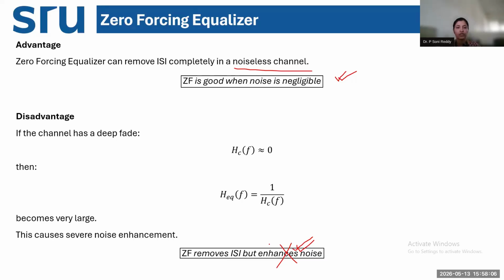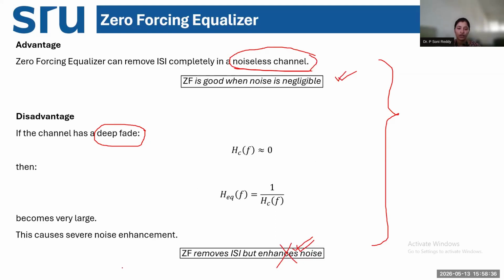Okay. So this is the main linear equalizer that is there in your syllabus, and this is the basic understanding of the zero forcing equalizer. The zero forcing equalizer is most effective for removing ISI during deep fading, destructive interference or strong fading scenarios, only when noise in the channel is negligible or there is no noise in the channel.